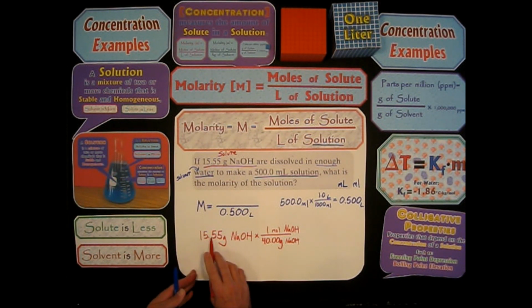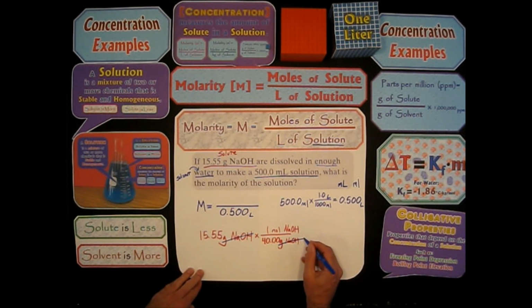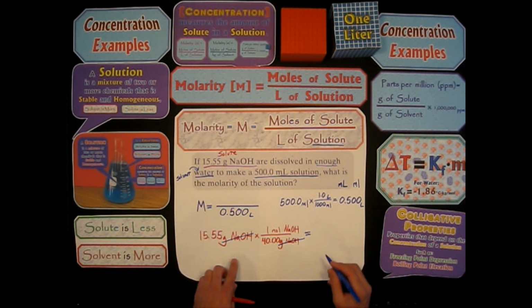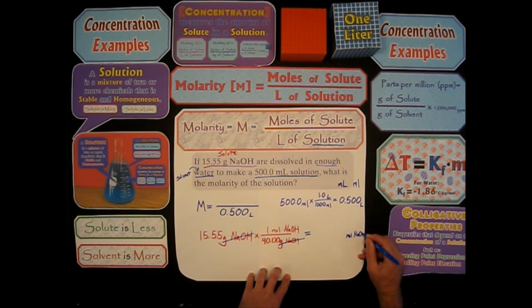So it's really 15.55 divided by 40, isn't it? The grams of NaOH are going to cancel out, and what I will get as my answer here, the units will be moles of NaOH.